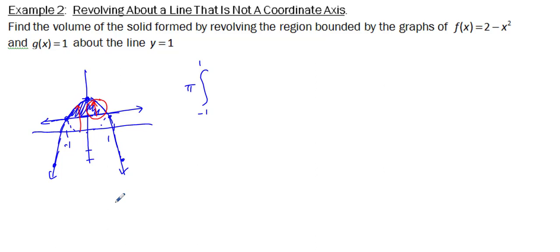Somebody said 1. Where'd 1 come from? You mean 2 minus x squared? Initial equations, 2 minus x squared, and then what? Is it equal?